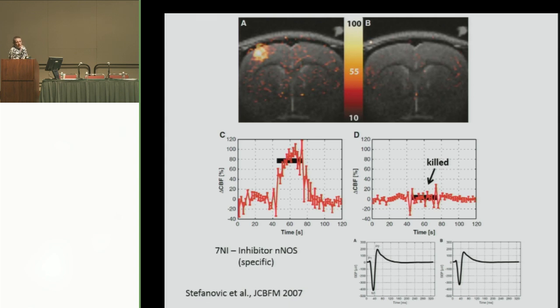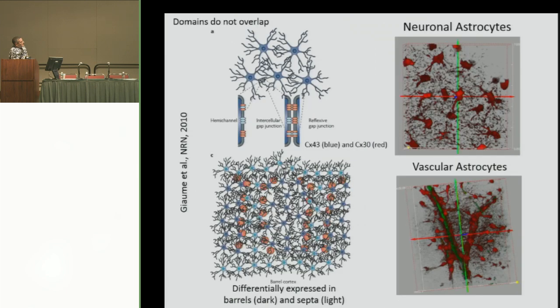Beautiful. So the second pathway, and this is a very short summary, is the one involving astrocytes. Astrocytes are grouped in two categories: what we call the neural astrocytes, which are homogeneously distributed, and what we call the vascular astrocytes, which sometimes sit right on top of the vessel.